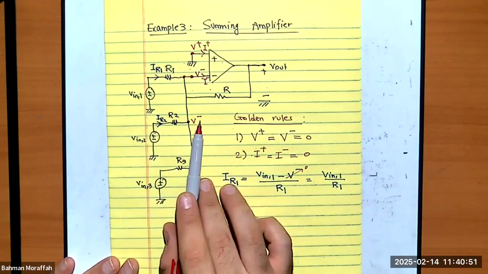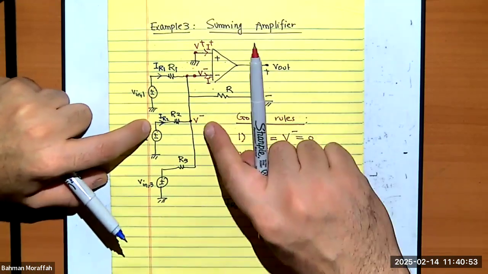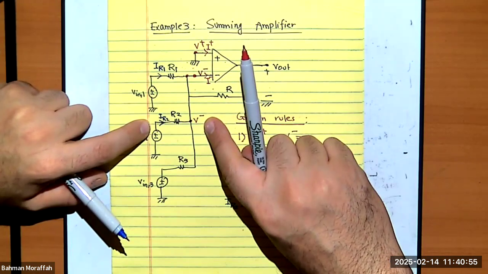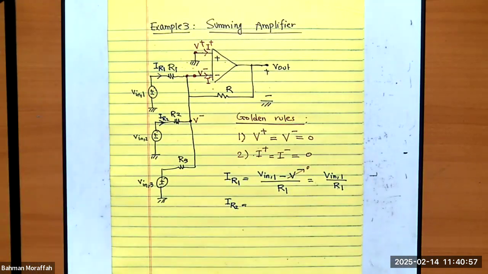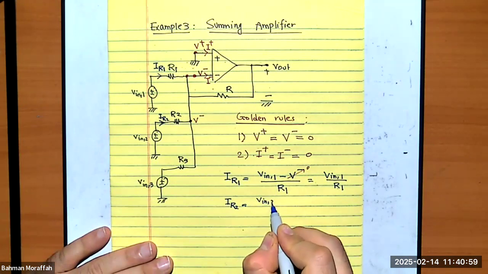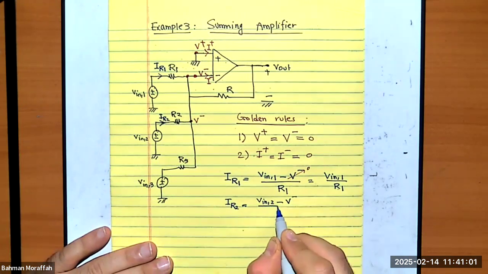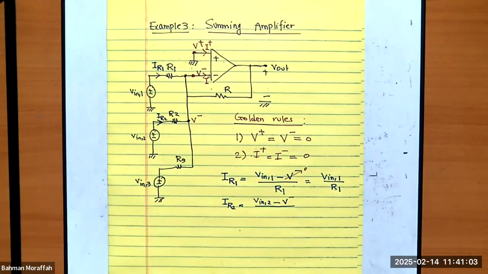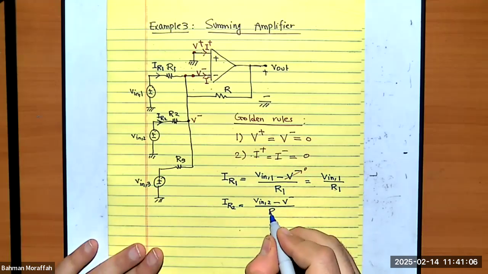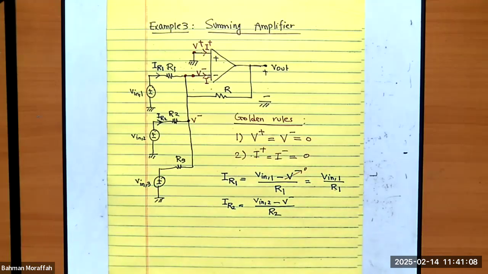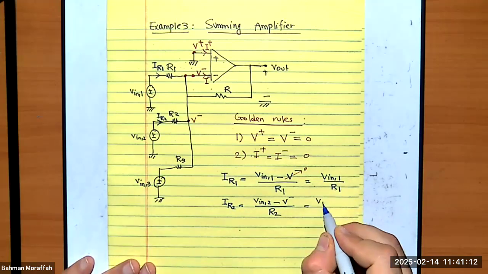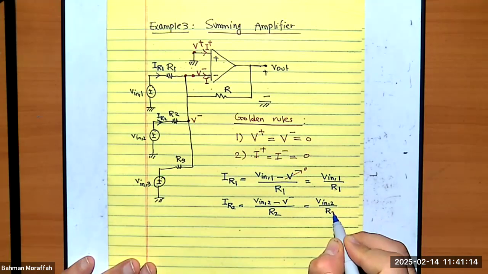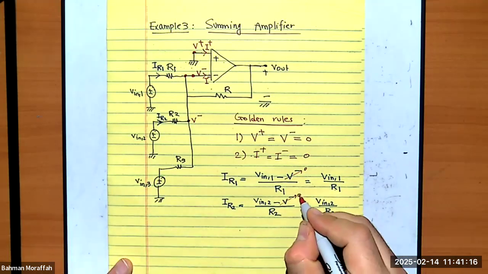So the voltage across R2 is VN2 minus V negative. If I divide that by its value, I get the current through it. With the same logic, since V negative is 0, this is VN2 divided by R2.